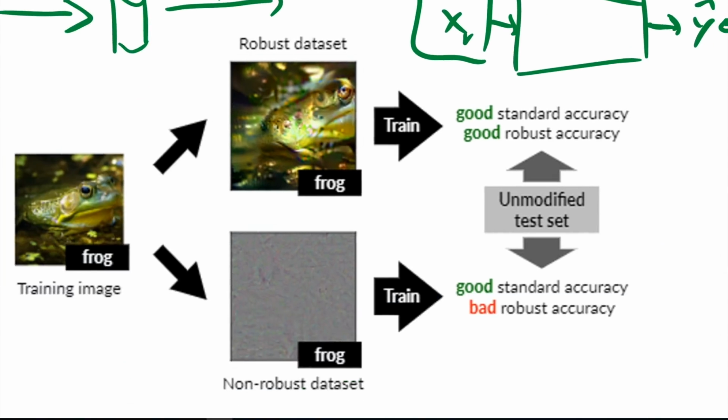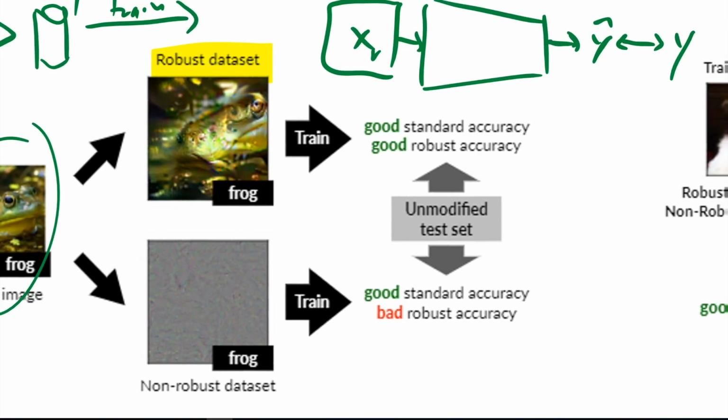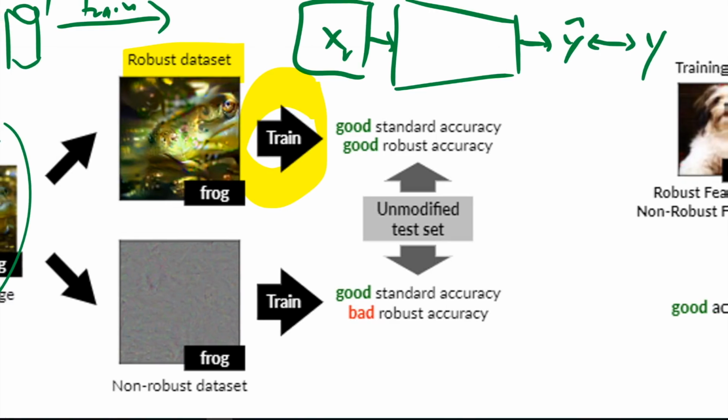So what did they do? First of all, they decompose this training data set into a version that has only robust features. We assume we have such a procedure. We then train a regular neural network on this data set, and what we get is two things.